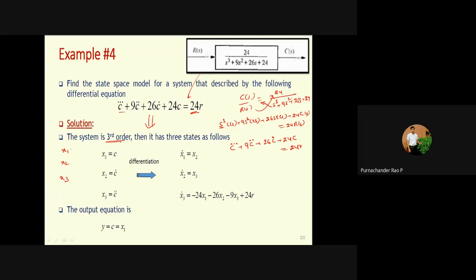So first of all what we assume is x1, x2, x3, మనకు తెలిసిపోయింది ఆర్డర్ ఉంది కాబట్టి 3 స్టేట్ ఈక్వేషన్స్ ఉంటాయని. తర్వాత ఏం చేయాలి మనం, x1 is equal to c. ఒకవేళ ఇక్కడ మీకు y ఇచ్చారనుకోండి, y triple dash ఇస్తే జస్ట్ యూ టేక్ x1 is equal to y. ఓకే, సో తర్వాత x2 is equal to c dot, x3 is equal to c double dot. ఇవి మనకి స్టేట్ వేరియబుల్స్. We are assuming that these are the assumed values, the state variables x1, x2, x3.